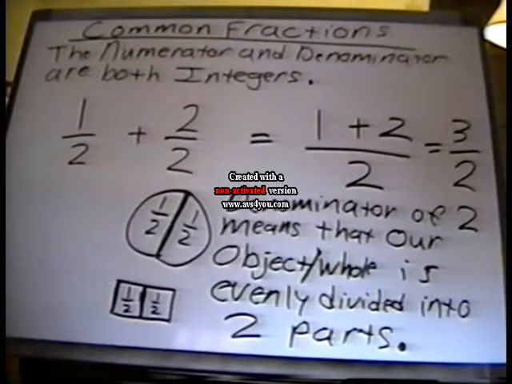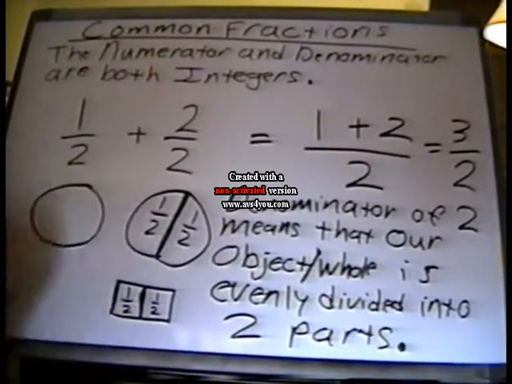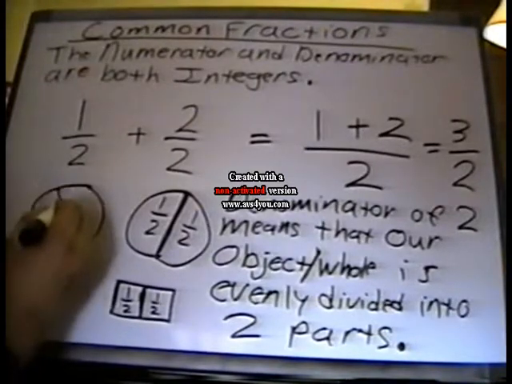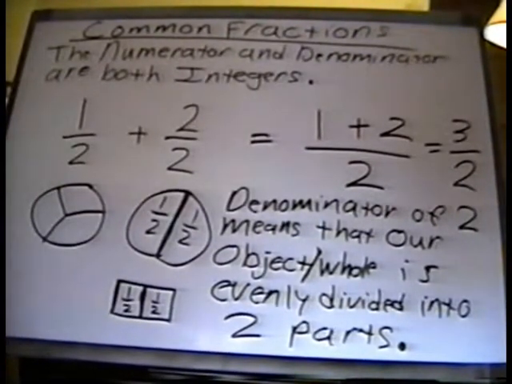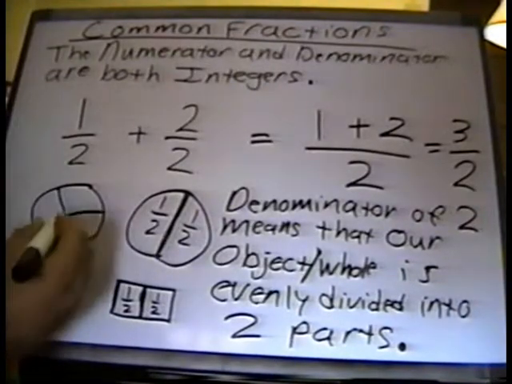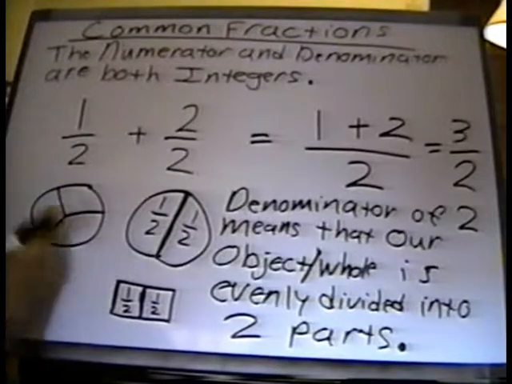Now that's if you cut it evenly into two parts. For example, if I draw a circle and I divide it evenly into three parts, this is not 1/2. We would not say 1/2 for one of these, we would say 1/3.